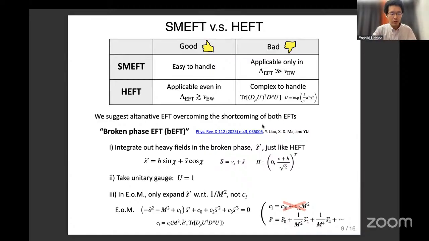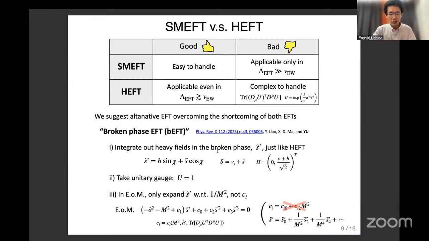So now we suggest an alternative effective field theory overcoming the shortcomings of both EFTs, the so-called broken phase effective field theory. We suggest it in this paper, and these three items are the concept of the broken phase effective field theory.